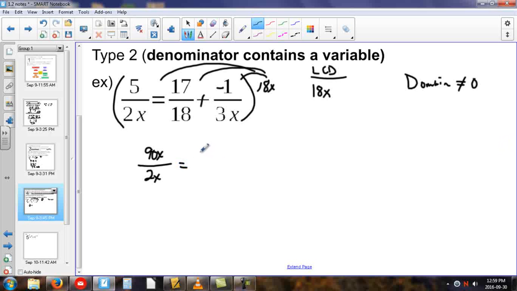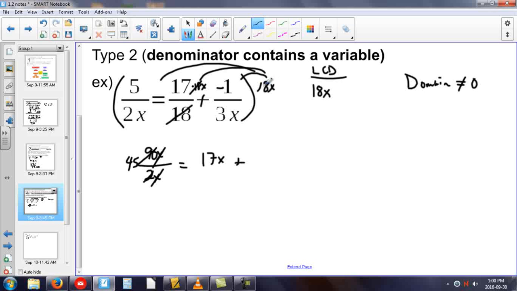Wow, I might be really miserable here. So instead what I'm going to do is write 18x, and I'm just going to cancel the 18 right away to say that that will be 17x. Now I could do the same thing here. The x's cancel. The 90 divided by 2 is actually just 45.